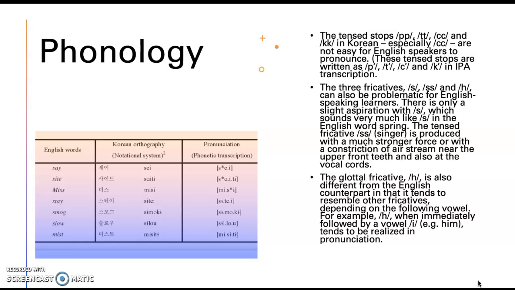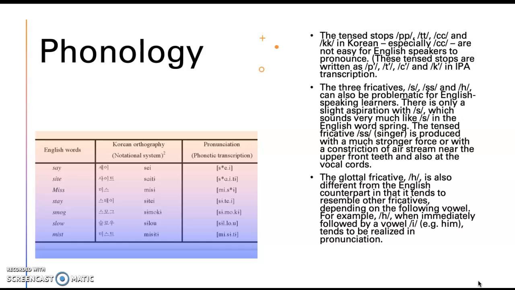There's only a slight aspiration with s, which sounds very much like this in the English word spring. The tense fricative s, in like the word singer, is produced with a much stronger force or with a constriction of airstream near the upper front teeth and also at the vocal cords. The glottal fricative is also different from the English counterpart in that it tends to resemble other fricatives depending on the following vowel.